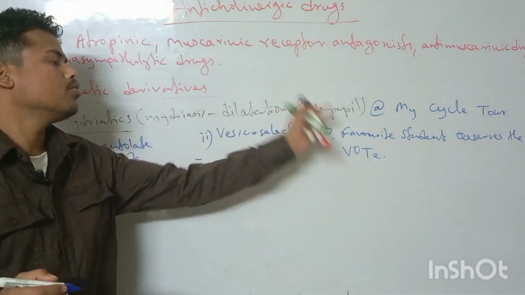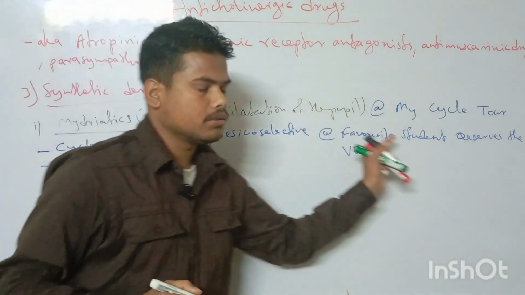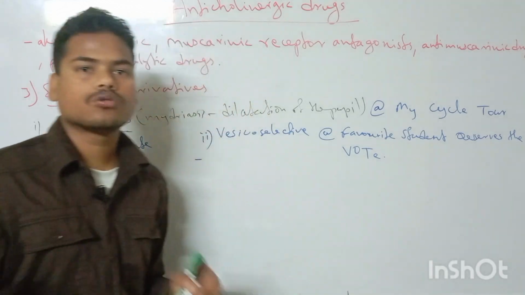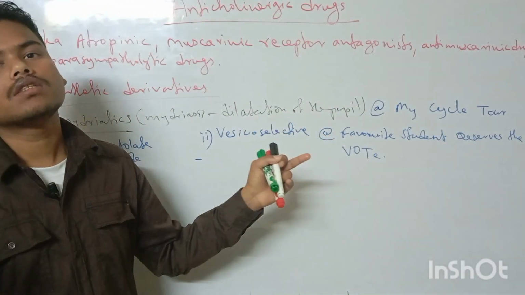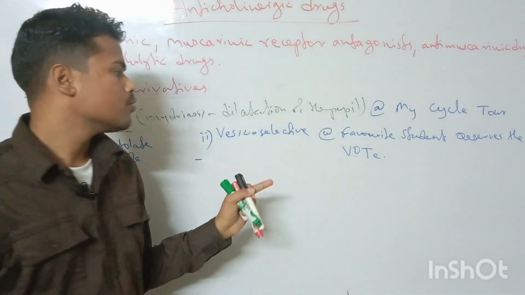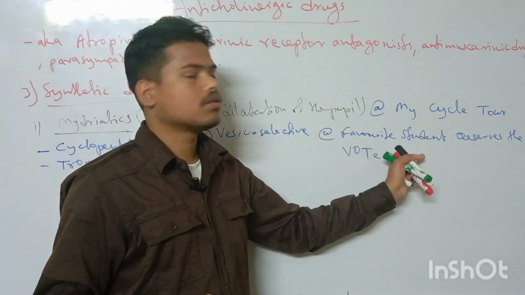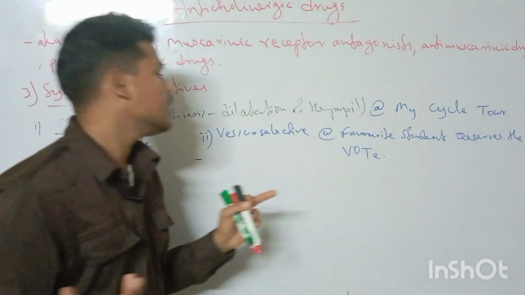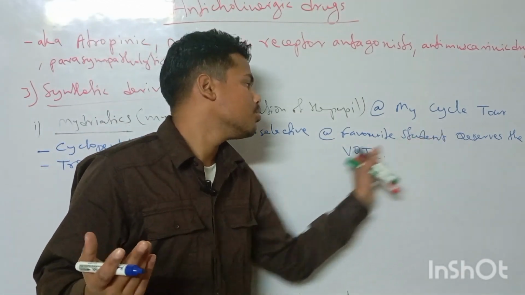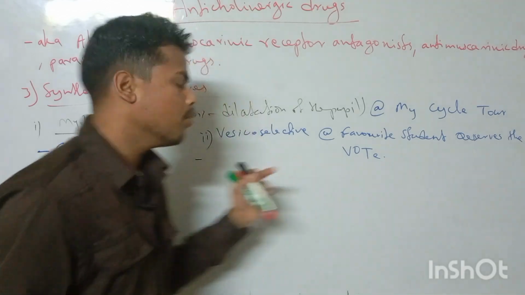Let's suppose in your school there are different student unions and there will be different participants for different posts. So whom will you choose? The neutral person says that favorite student deserves the vote.